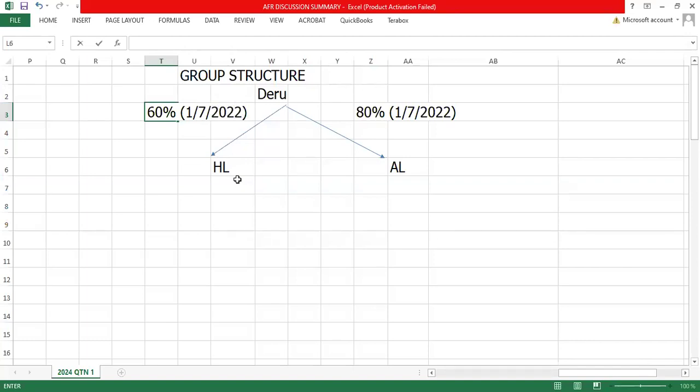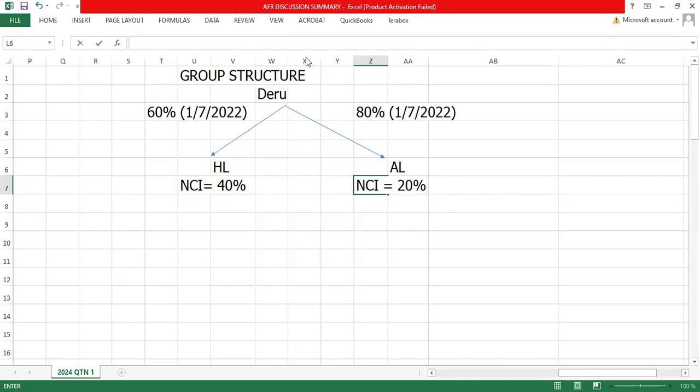Of course, here it means that the NCI was 40%. Then also here, the NCI was 20%. But when you observe, on 30th June 2023, they acquired more 20%.